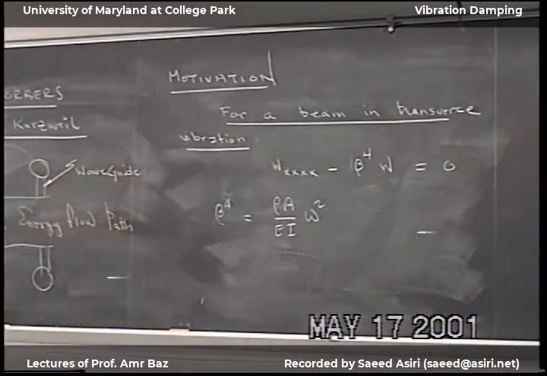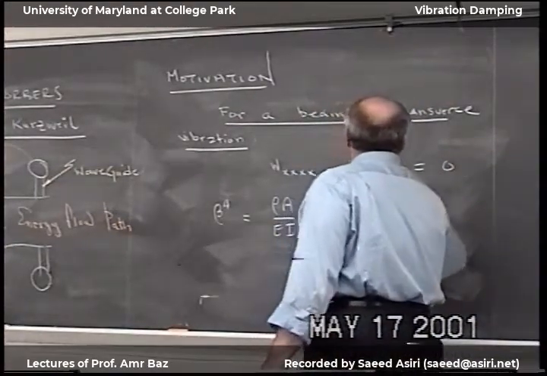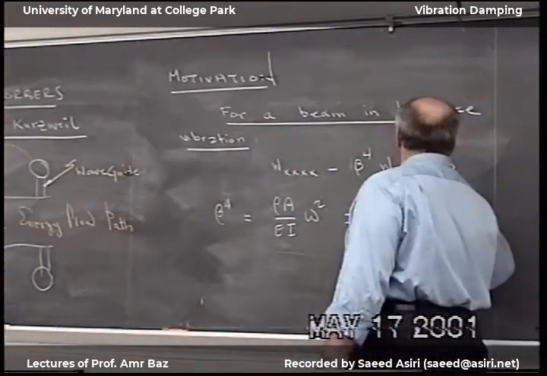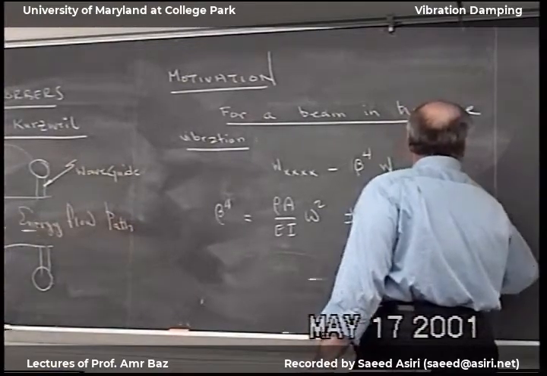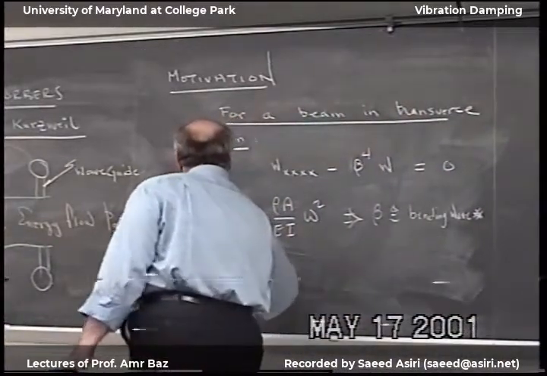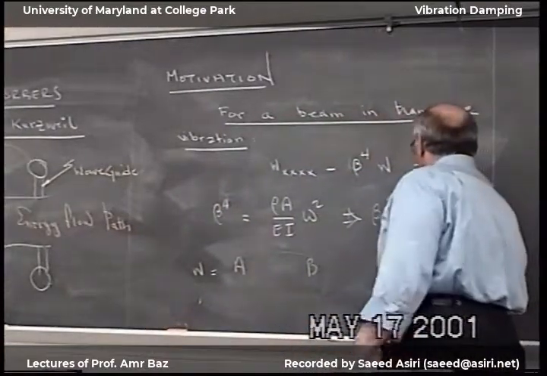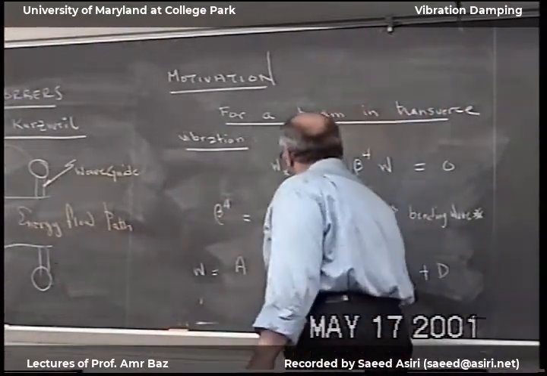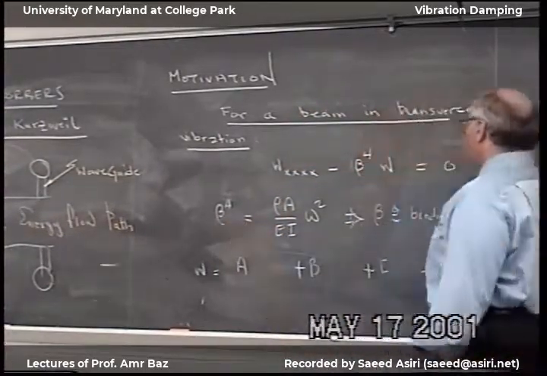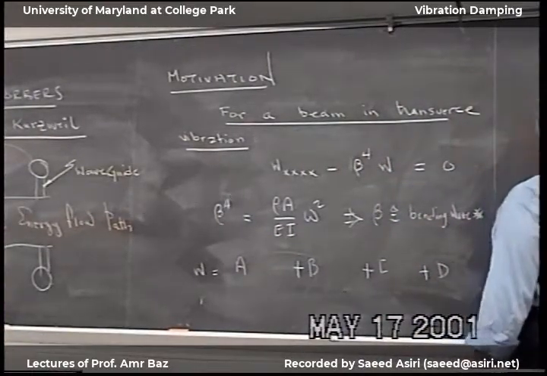Okay? So now, beta will be my bending wave number. Now the solution of this is made of 4 terms, because I have 4 roots.